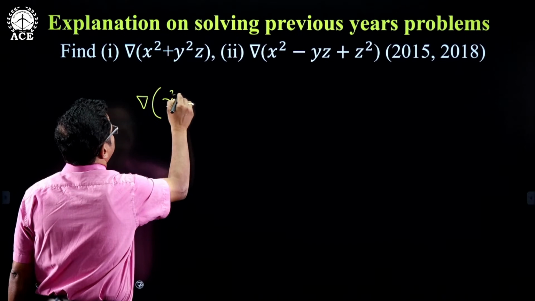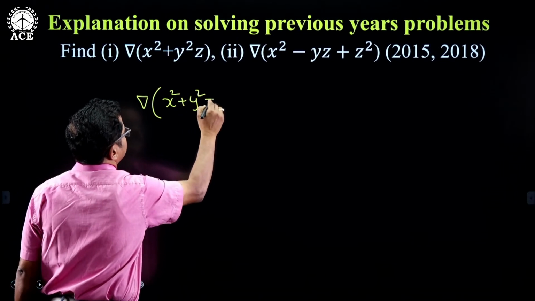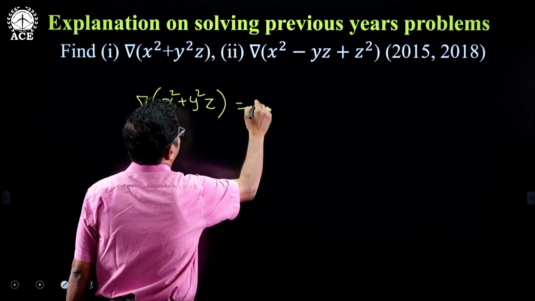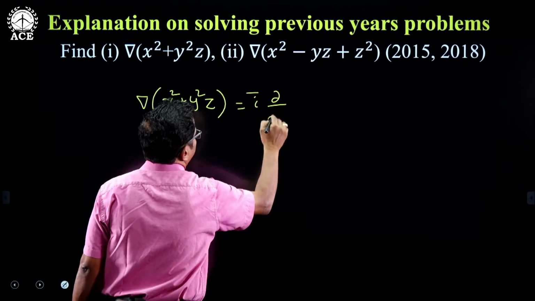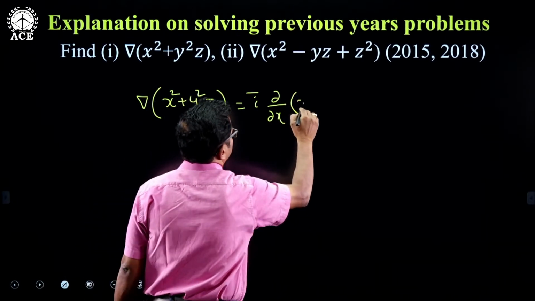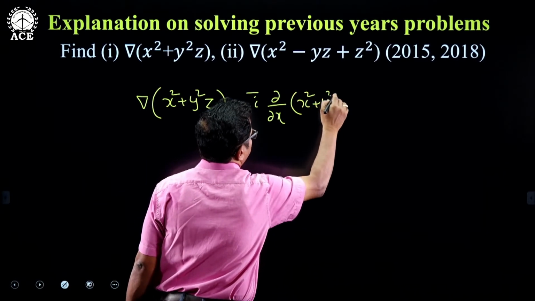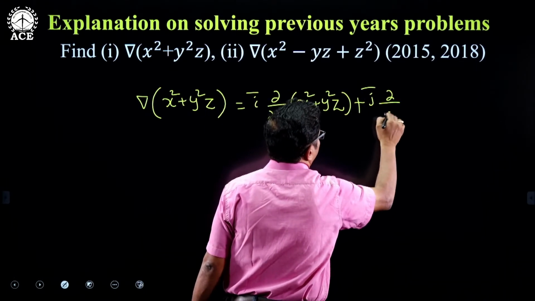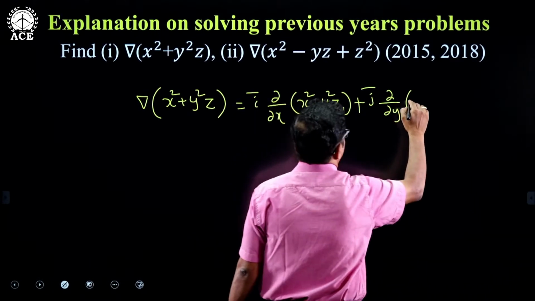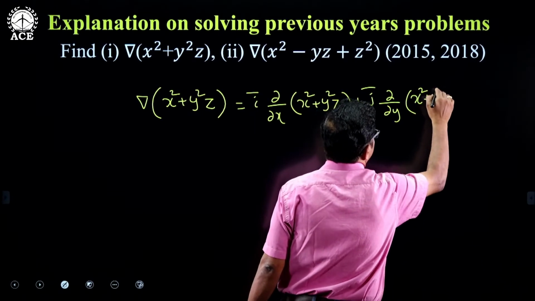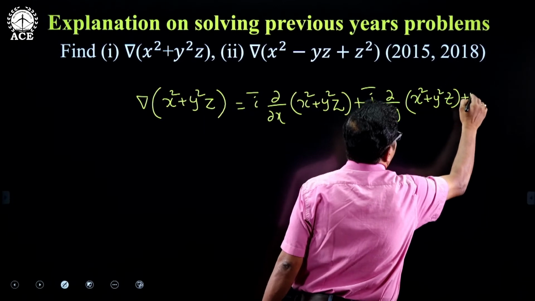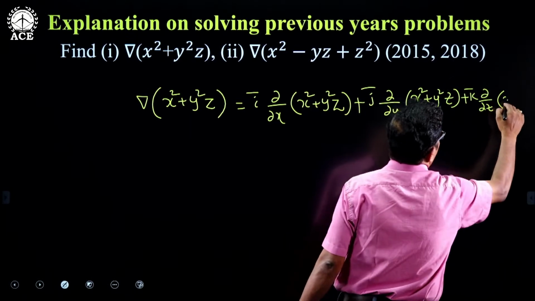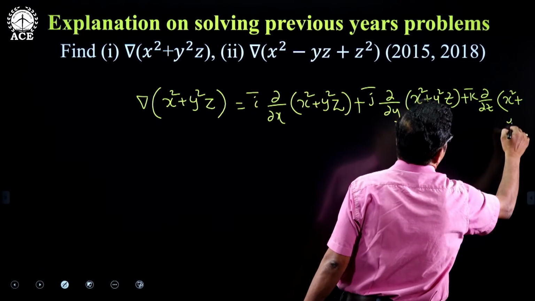Del of x square plus y square z is equal to i bar into dou by dou x of x square plus y square z, plus j bar into dou by dou y of x square plus y square z, plus k bar into dou by dou z of x square plus y square z.